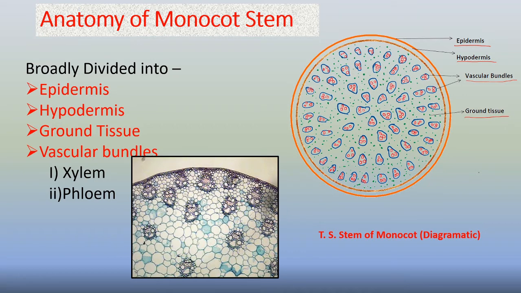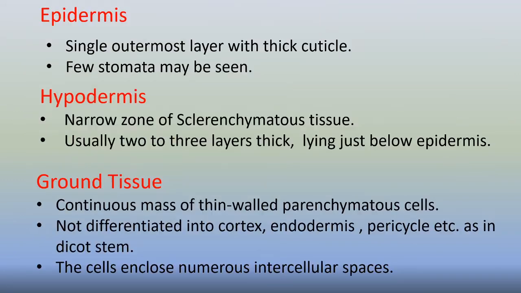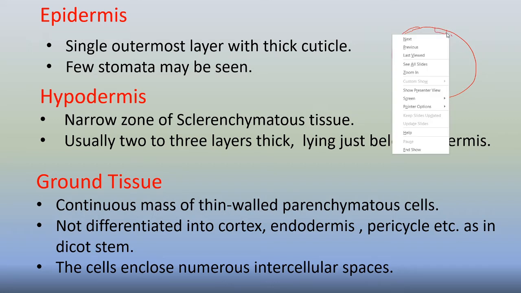The vascular bundles further consist of the two vascular tissues, that is xylem and phloem. Now we will see in detail each and every part of the monocot stem. The outermost region of the monocot stem is the epidermal region. So, this is the outermost layer which is the epidermal layer and it consists of a single layer.